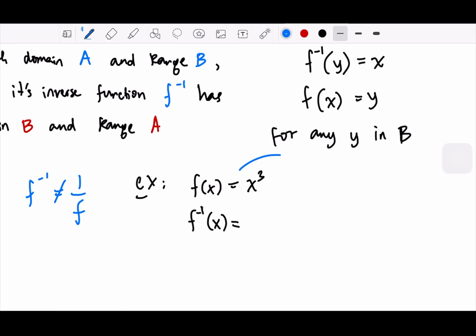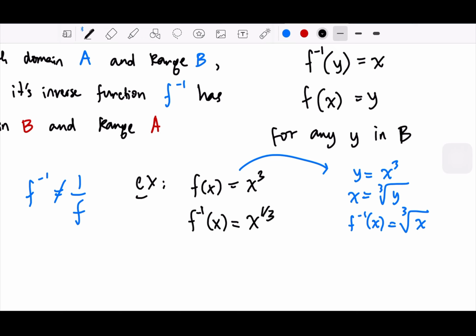How to find it: you usually write y equals the function, you exchange the x and y, and then you can solve for the inverse. Okay, I will maybe repeat the method later to make sure that you got my point.